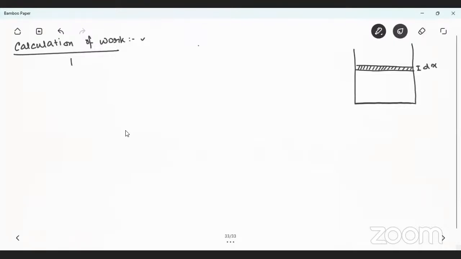So for work, we always write like this, this is for your boards. Like dW, it is F of external dx. Okay. So again, F of external can be written as P external into A dx.